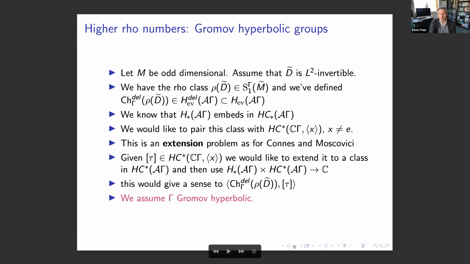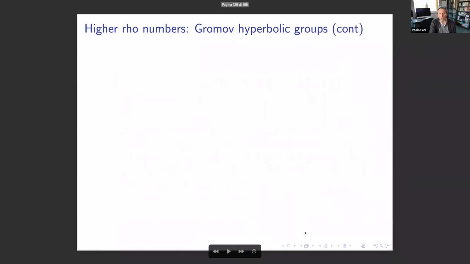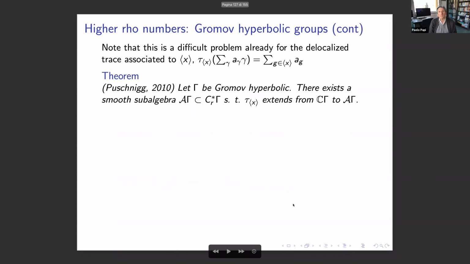So let me try to explain this point. Let me say right away that this is a difficult problem already for the delocalized trace. If you want to extend the delocalized trace, this is already a difficult problem. Recall that in the paper of Connes and Moscovici, as I explained before, the cyclic cocycle was localized at the identity element.